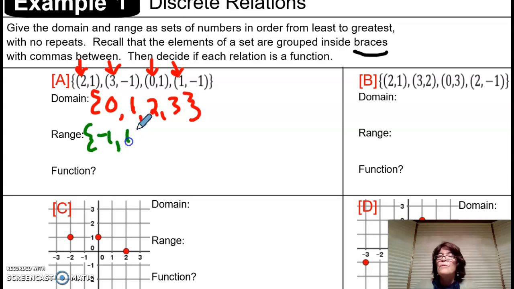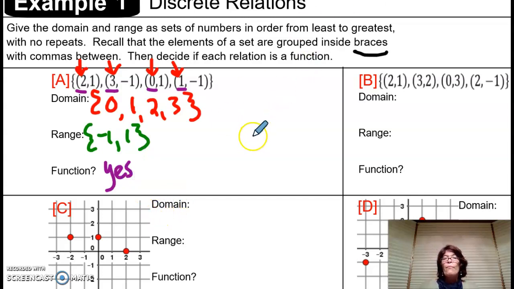When I'm listing the range, it's saying what are the y coordinates? I don't have to list them twice. I'm listing the y coordinates, -1 and 1. I don't have to list -1, 1, and also -1, 1. That would be kind of redundant, right? Now, it's a function if there aren't repeated x's. So let's look. I have 2, 3, 0, and 1. So is this a function? Absolutely.